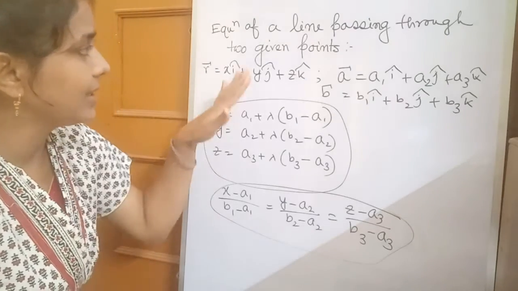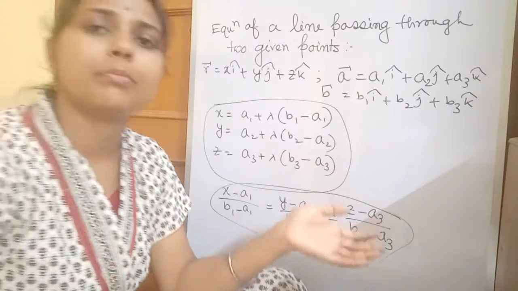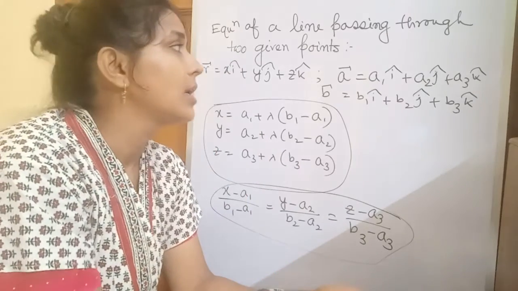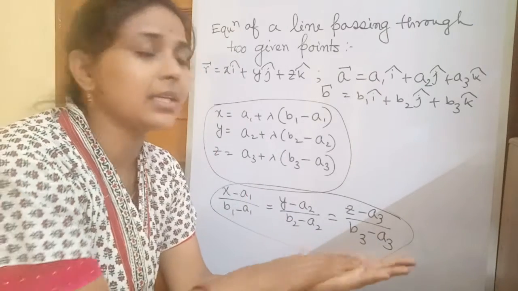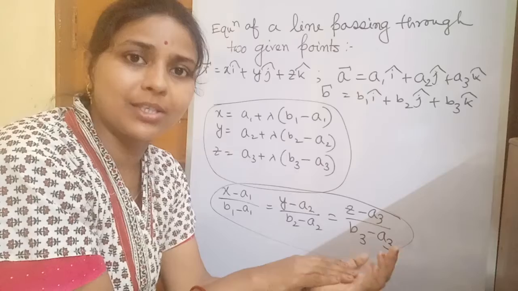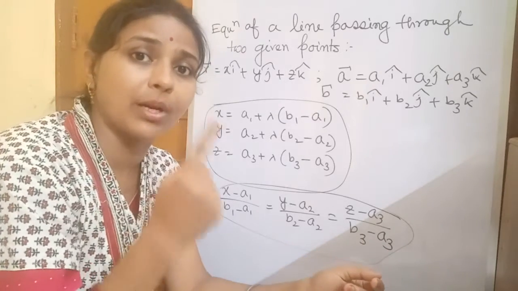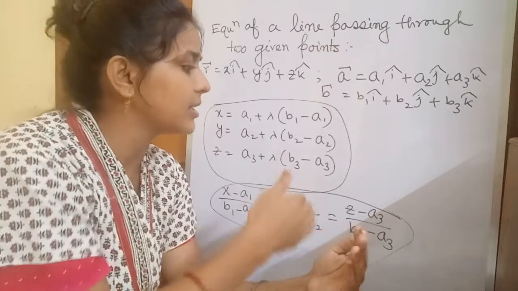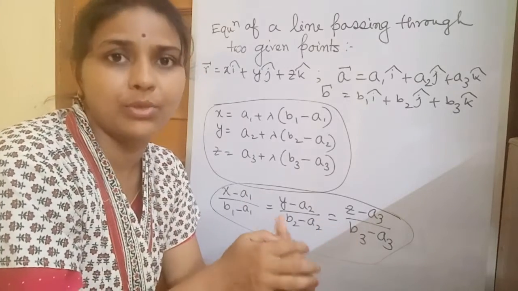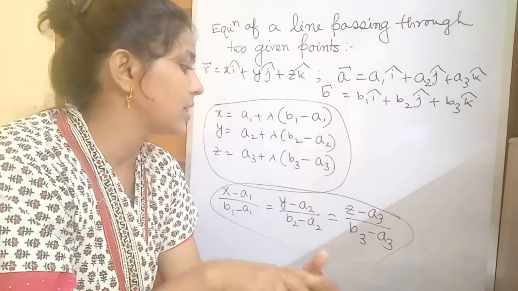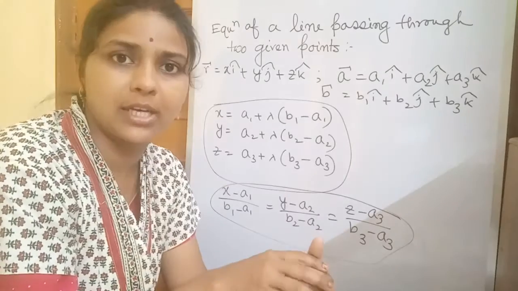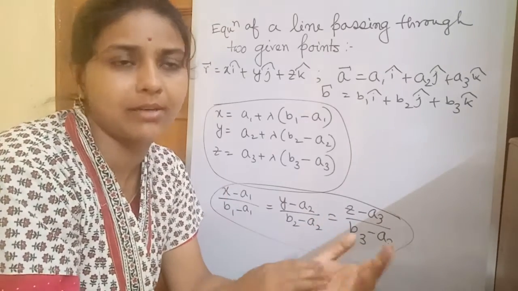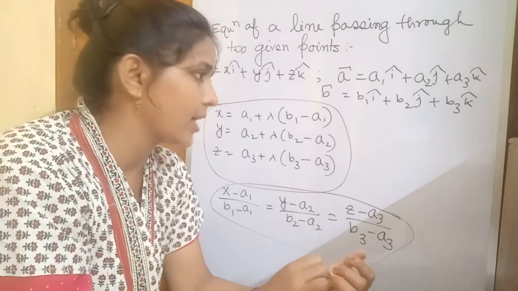So these two are the main ways we can find out the equation of a line in space. One is passing through two points and one is passing through one point and parallel to one given vector. Okay, after this you have angle between two lines, which our board has cut from the syllabus just a few days ago, so we will not do that.